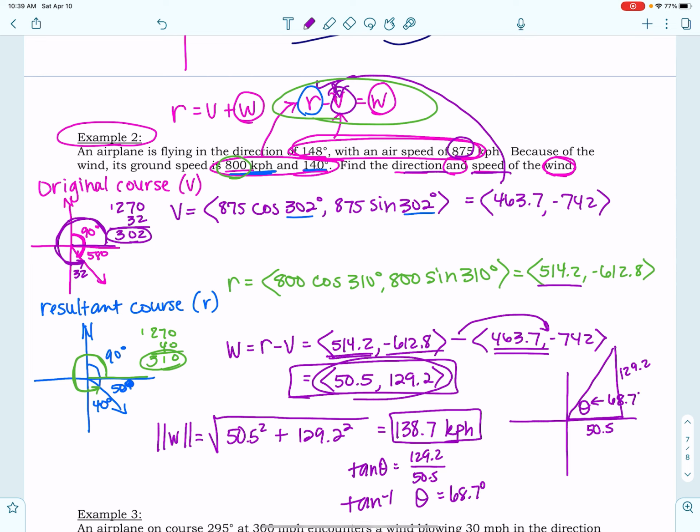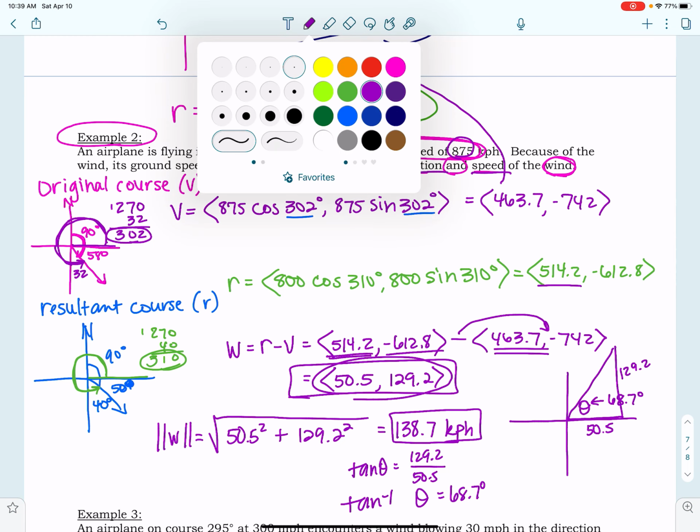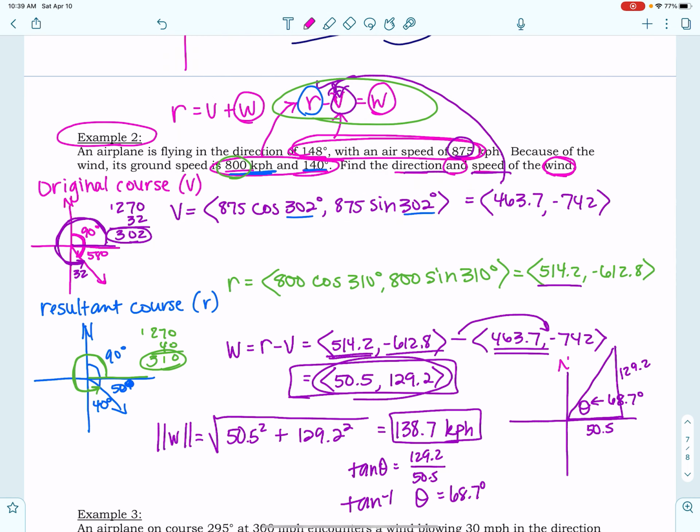Now what we need to do is figure out the direction. This is north. If I subtract this from 90, I get this angle right here, and that's going to be 21.3, and this is east, so my direction could be north 21.3 degrees east. You can write it that way, or you can write it as a true bearing, which would just be 21.3 degrees, because a true bearing starts north and heads clockwise. So either one is correct. It doesn't matter. Easy peasy lemon squeezy.